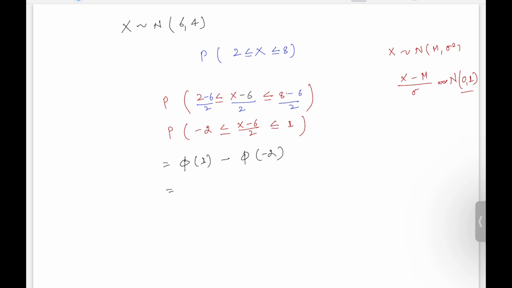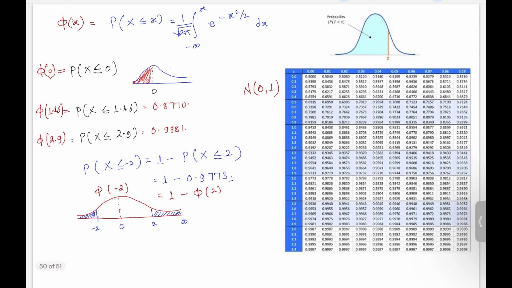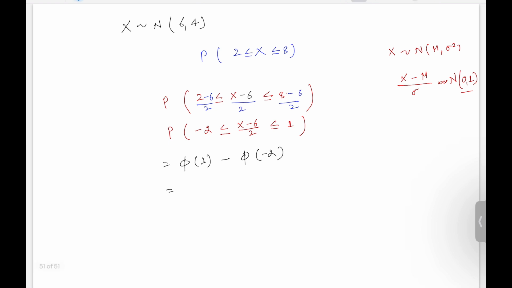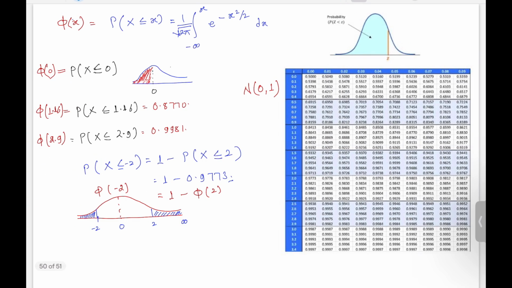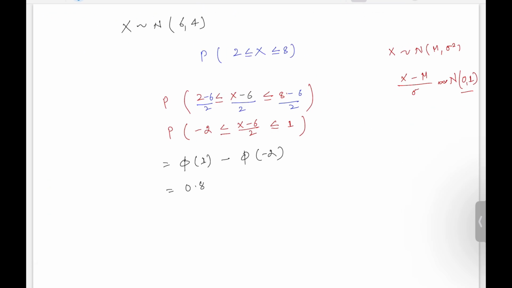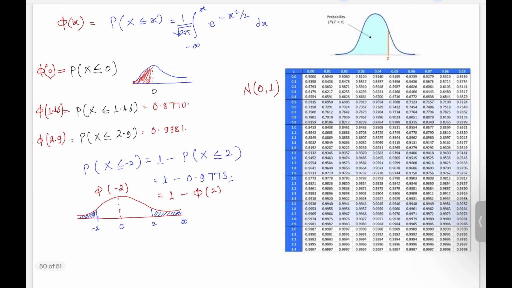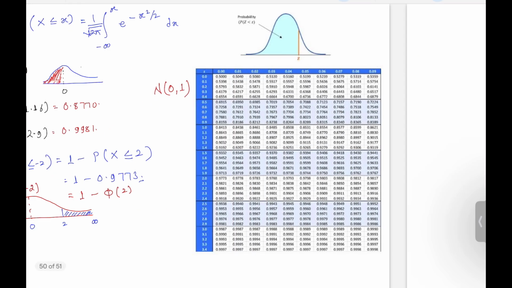The CDF at 1 is 0.8413, minus the CDF value at -2.